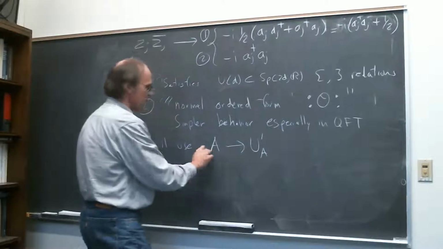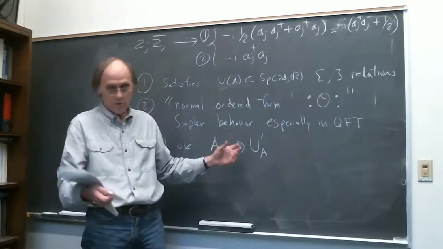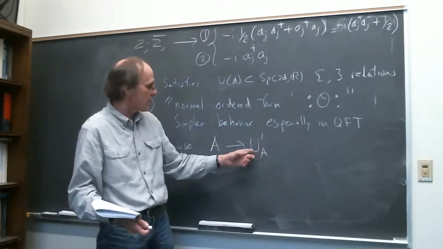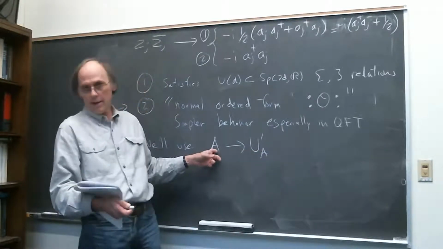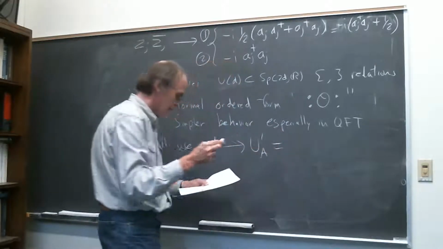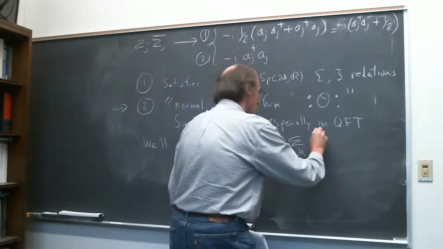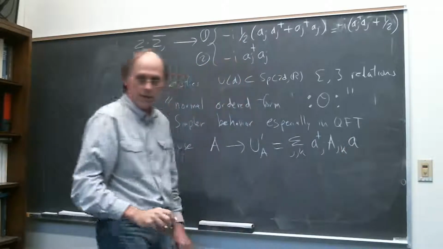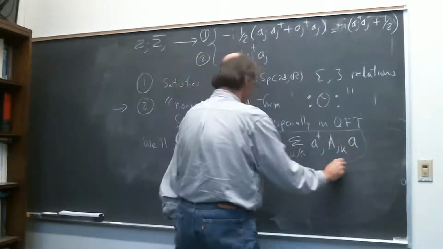There's some representation of this unitary group UD, and this guy is a Lie algebra representation, and the operator that you're going to get for a specific element of the Lie algebra is the sum over JK. Okay. So this is going to be our main formula that we want to use.